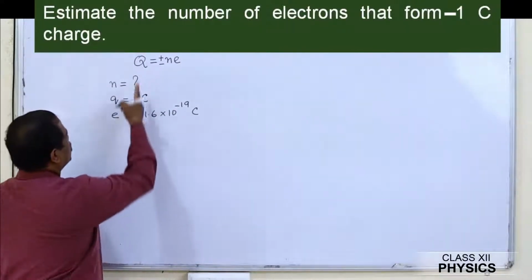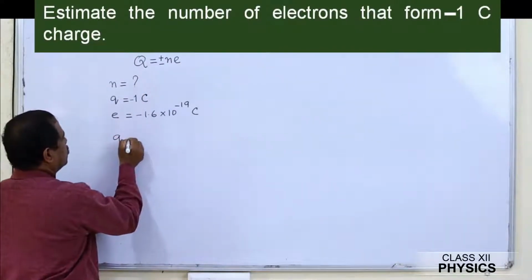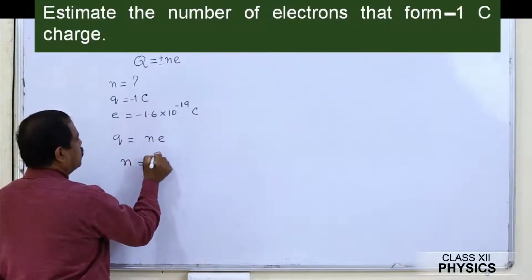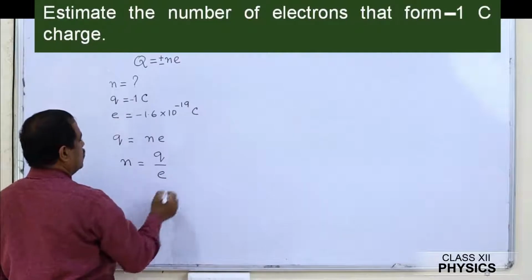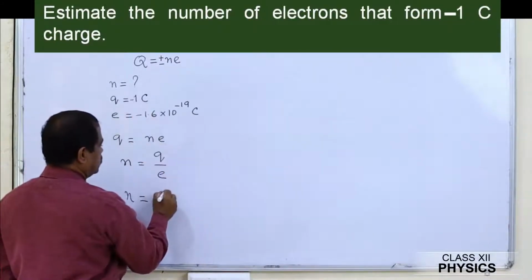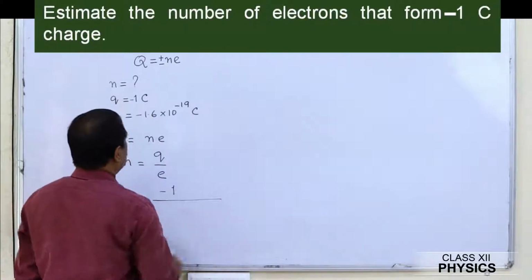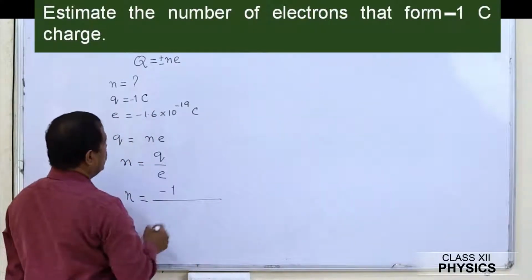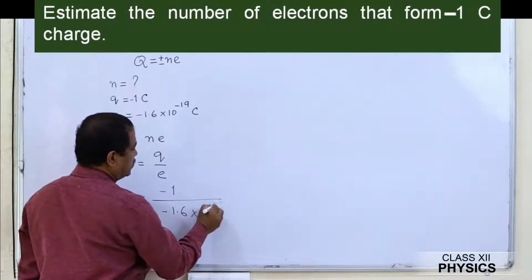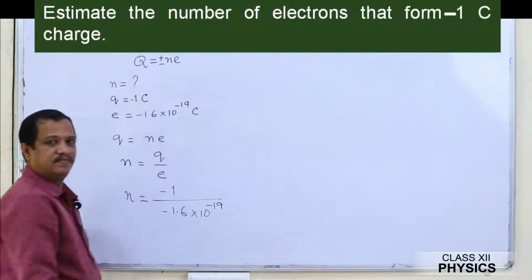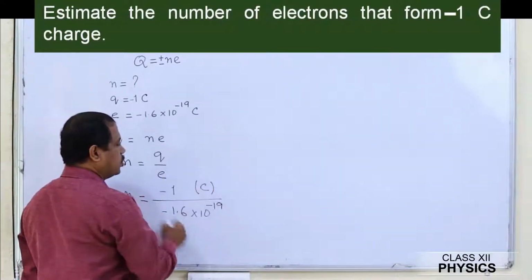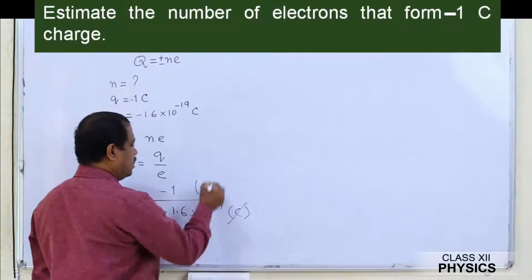As such, using this expression we have Q is equal to N into E. Rather, N will be equal to Q by E. Given as such, N is equal to Q, which is 1 or say minus 1 for me, and the value of E is minus 1.6 into 10 power minus 19 Coulomb. When we look at the units, at the numerator it will be Coulomb, at the denominator it will be Coulomb, and they cancel.